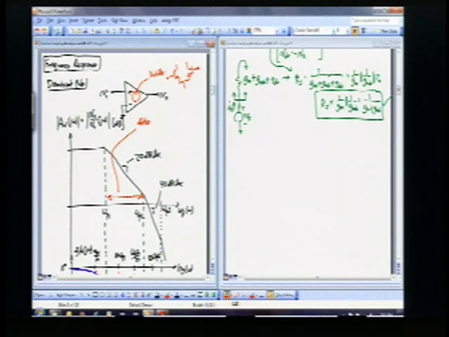So the distance between omega P1 and omega P2 must be large, I'll say in general, for a stable op-amp negative feedback circuit.